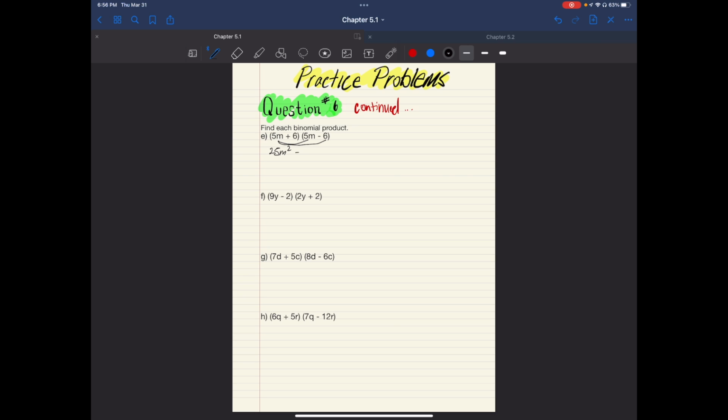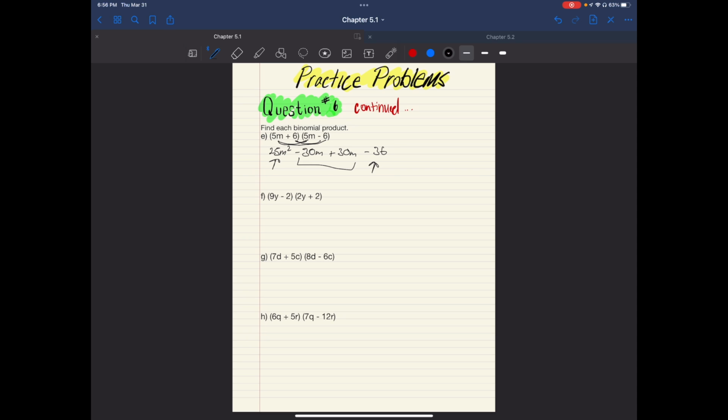That's going to give us negative 30m plus 30m minus 36. Now, interesting about this is when we combine like terms, that those are going to drop off, and we're going to be left with this and this.